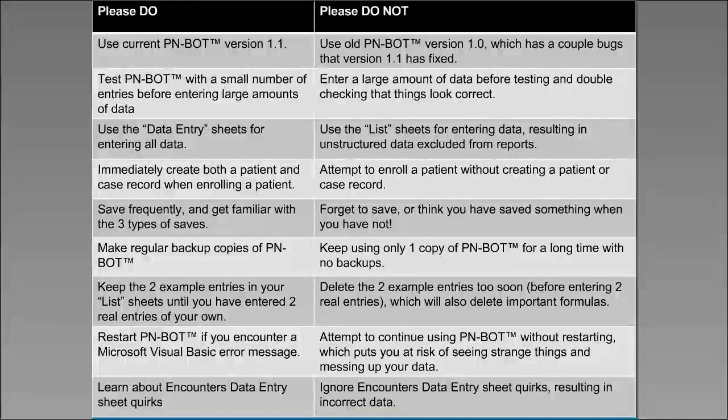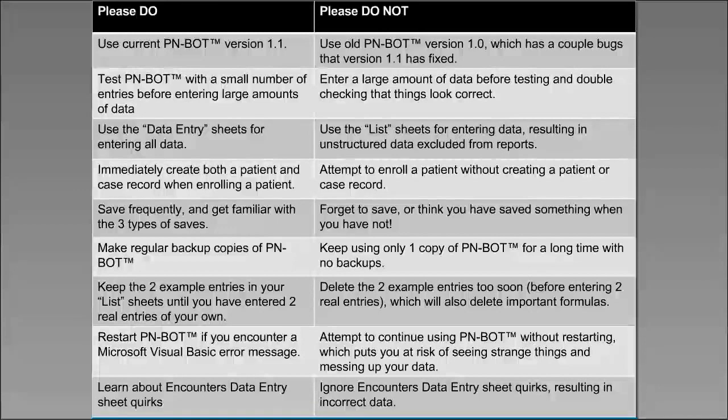You don't want to find out after entering 80 patients that you have been neglecting something you didn't know about, or that PNBot wasn't compatible with your setting. So with maybe 5 to 10 entries, try it out with each level of data and go through the entire gamut.